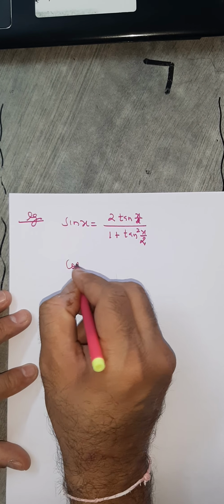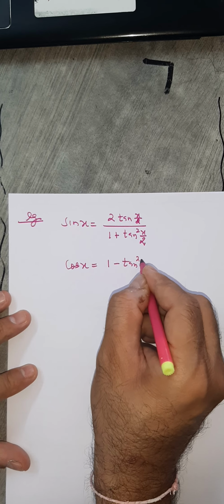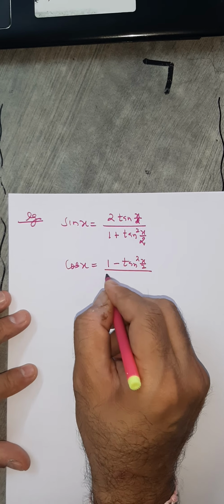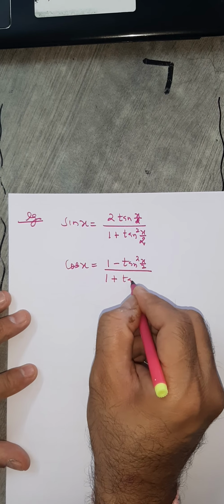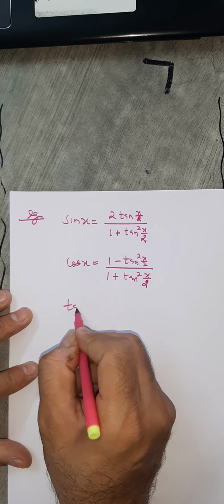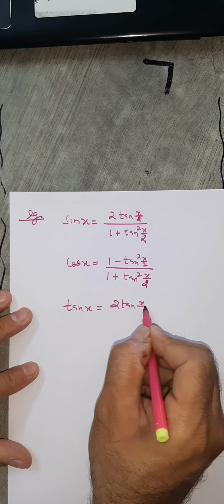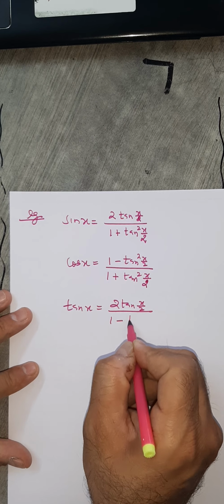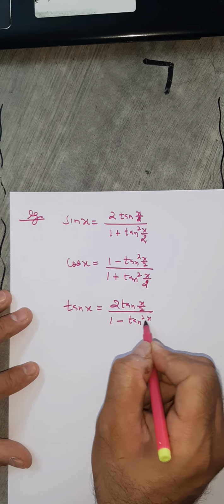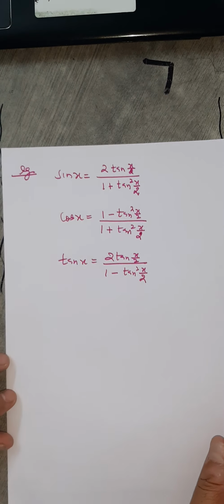How do I write cosine x? 1 minus tan square x by 2 upon 1 plus tan square x by 2. How do I write tan x? That is 2 tan x by 2 upon 1 minus tan square x by 2. This way we can use the formula.